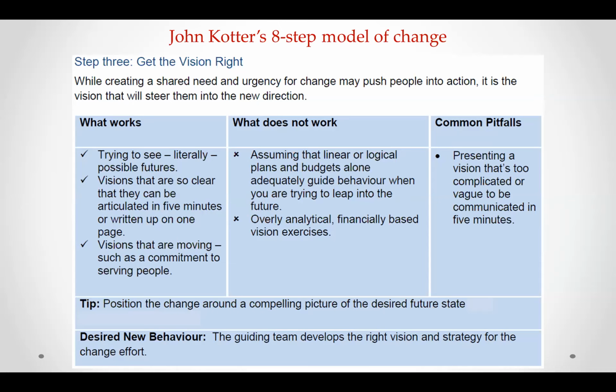Okay. So in order to be able to get to the next stage in the change process, it's important that the vision is clear. And there are multiple ways in which this vision can be created.